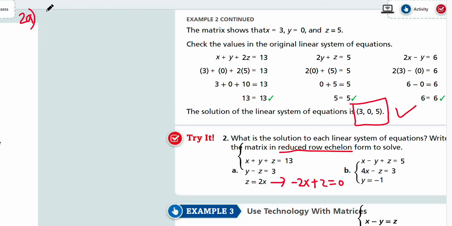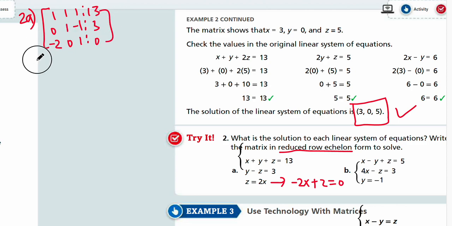So part 2A. You're gonna start with 1, 1, 1, 13, and then 0, 1, negative 1, 3, and negative 2, 0, 1, 0. Okay? And then you can multiply the first row by 2 in order to get 2, 2, 2, 26.